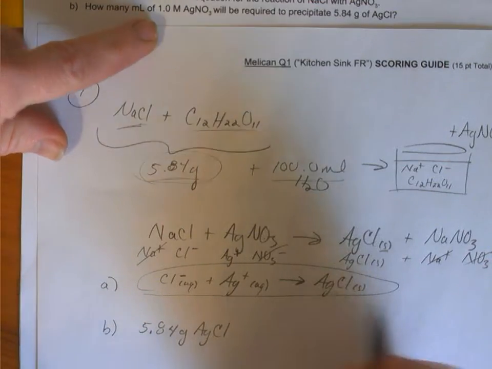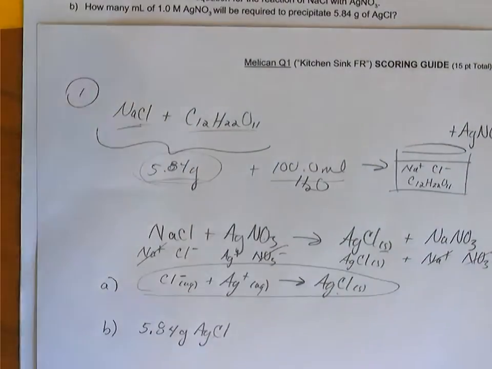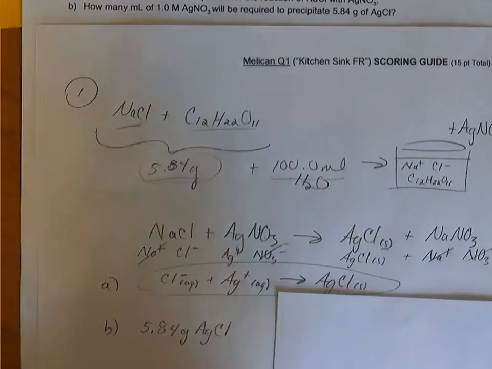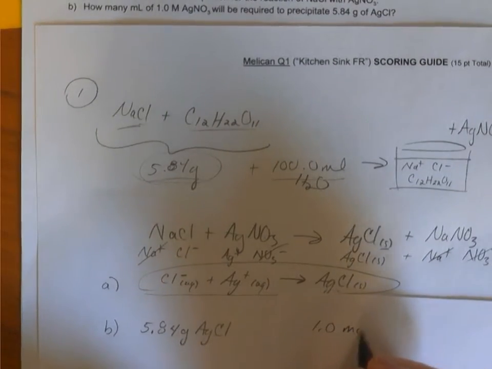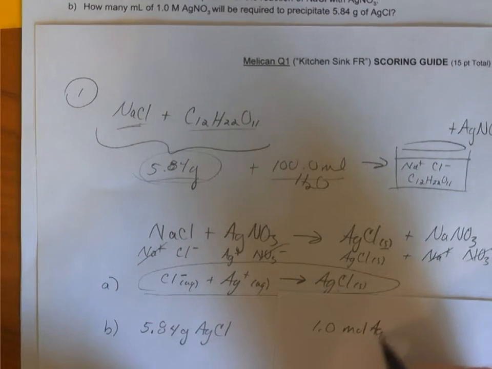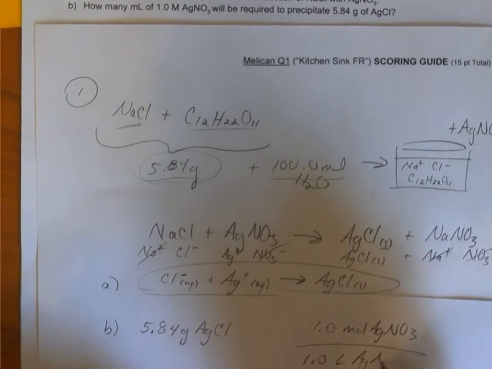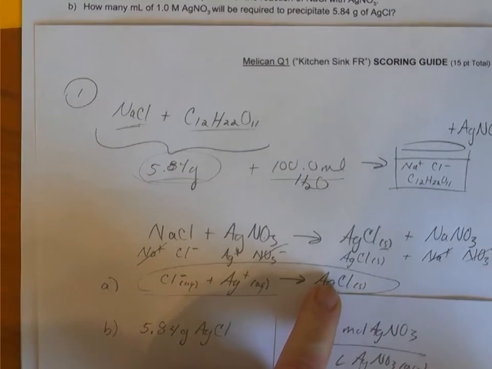Okay, the question is, I'm using 1 molar silver nitrate. Now, I know I can write 1 molar silver nitrate as a conversion factor. And so that's why I chose to start with my mass of product.